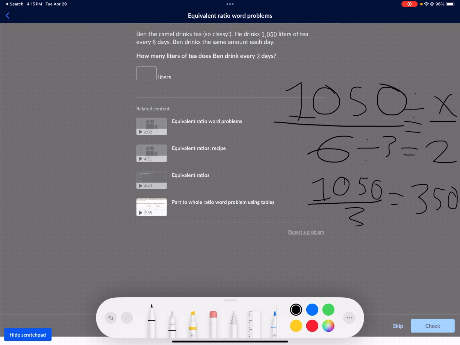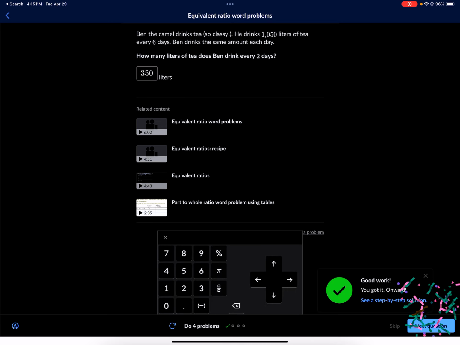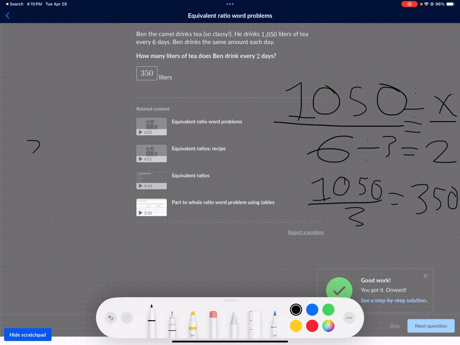So 350 liters of tea every 2 days. What if we're trying to find the liters of tea every day in general? We would do 350 over 2, and then divide that and get 175. So it's 175 liters of tea every day. That's a lot of tea.